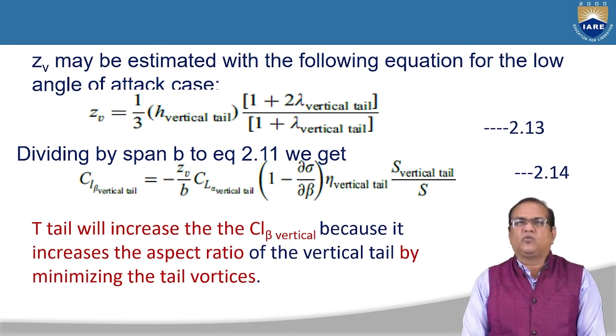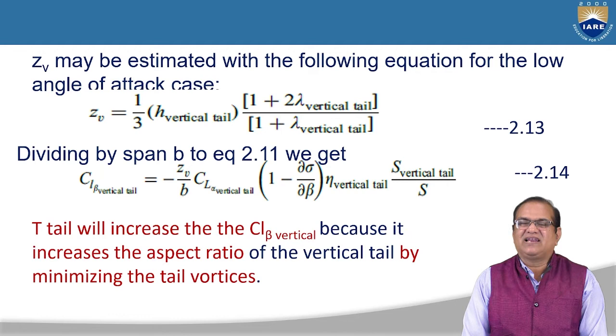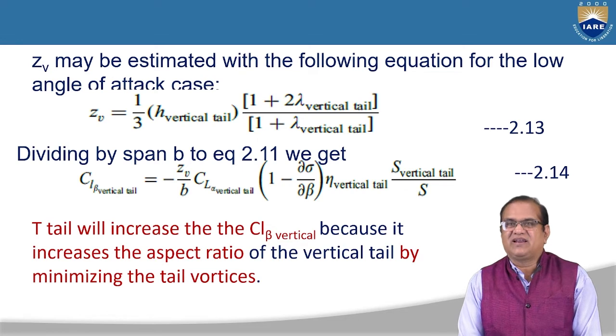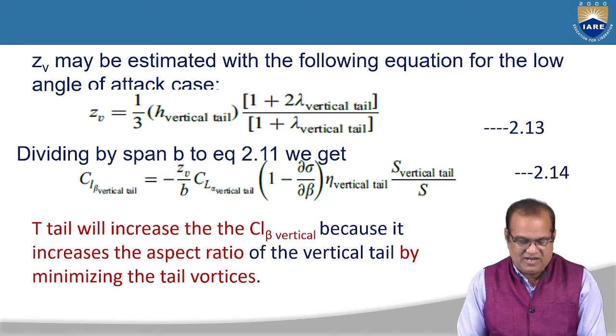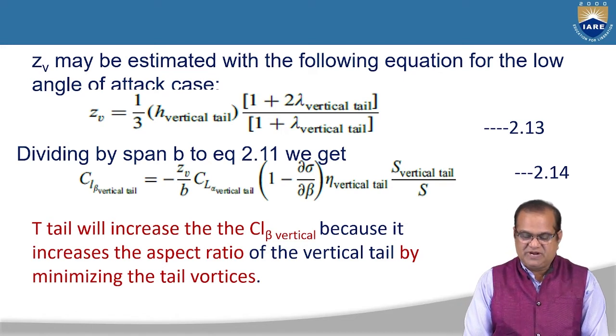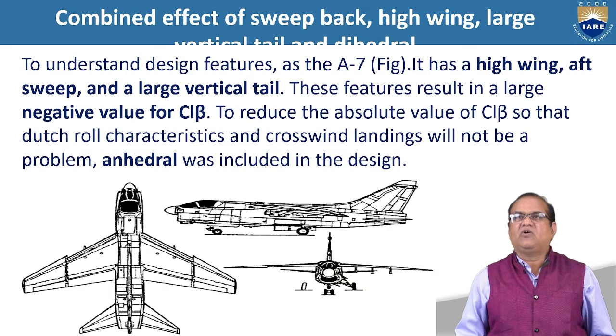Z V is equal to 1 by 3 H vertical tail, 1 plus 2 lambda vertical by 1 plus lambda vertical, divided by B. So we will get CL beta of the vertical tail equal to minus Z V by B, CL alpha vertical tail, 1 minus d sigma by d beta, eta vertical tail, S vertical tail by S. A T tail will increase the CL beta vertical because it increases the aspect ratio of the vertical tail by minimizing the tail vortices.